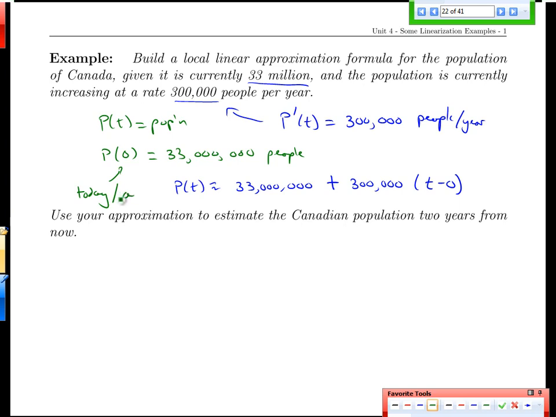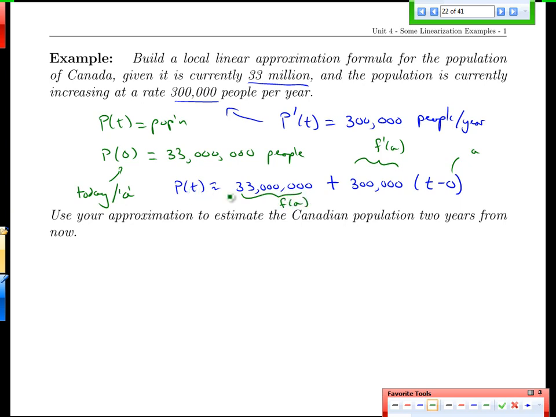And that's our, what we called a value before, that goes here. This would be our f prime of a from our earlier formula. Let's leave it as a. And here is f of a.